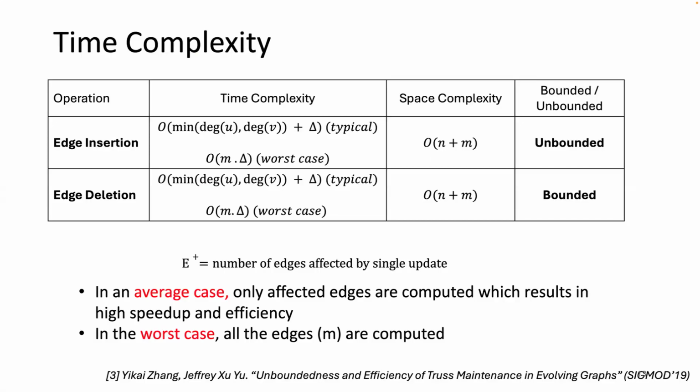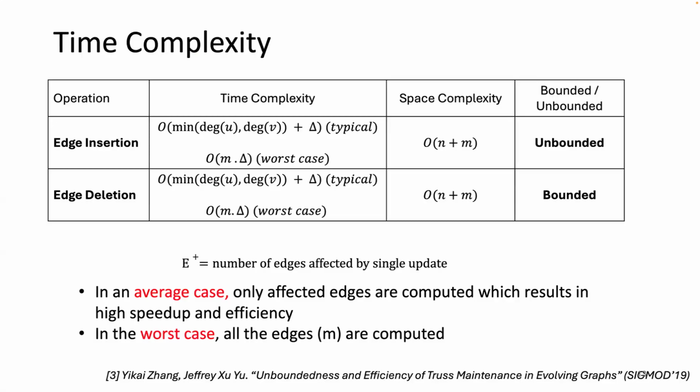Not correct, sorry. The worst case happens in a very special graph, like a chain graph. The graph is a chain, reduced to a line. It always has a worst case because when inserting and removing, it will traverse the whole graph. But the average case is for all our common data graphs, like social networks.